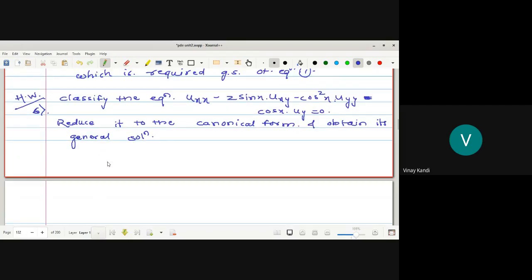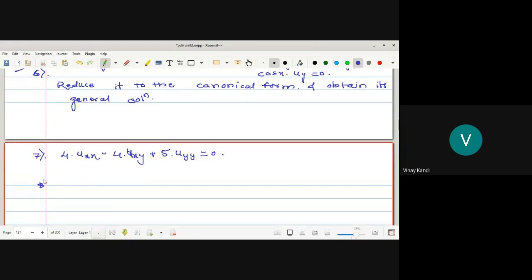Write down these questions. Seventh one. Same question here. 4 into u xx minus 4 into u xy plus 5 into u yy is equal to 0. Classify this equation and reduce it to its canonical form.